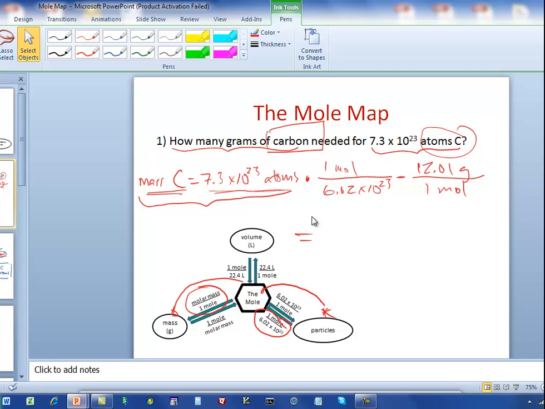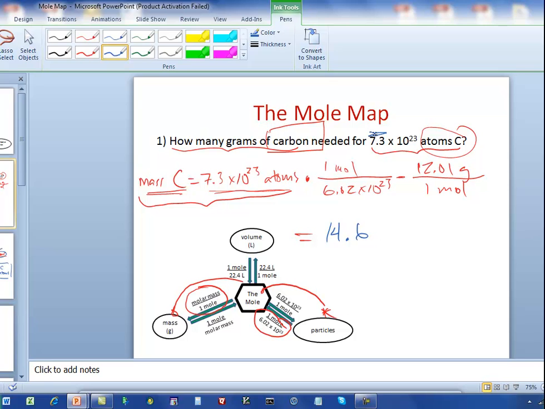Now, what we do is we start by taking 7.3 times 10 to the 23rd. We divide that by 6.02 times 10 to the 23rd, and that gives me 1.21 moles. And then I multiply that by 12.01, and I get, I'll change colors here, 14.656, and so on.